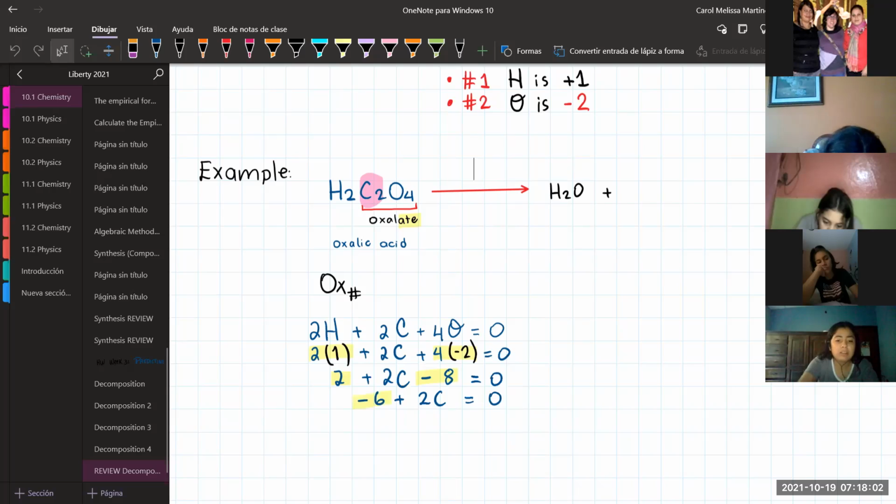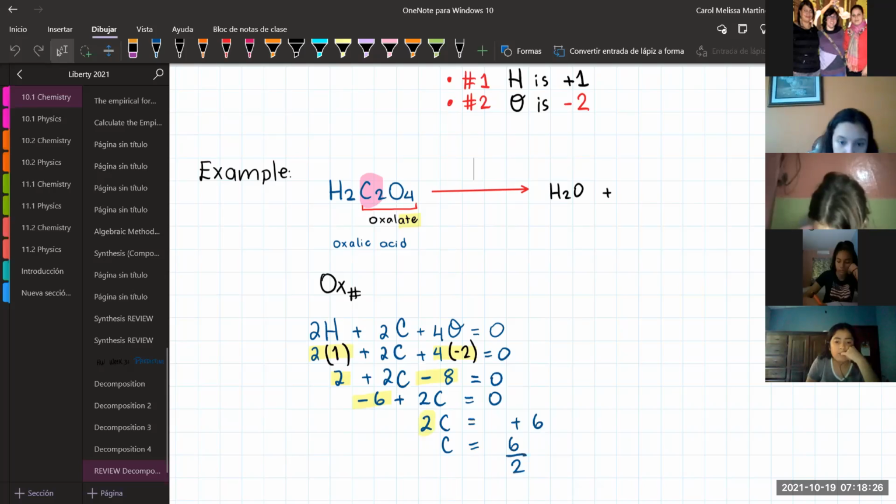So you will have 2C equals 0 plus 6. You can get rid of the 0 already. And then this 2, that is multiplying carbon, goes to the other side by doing a division.